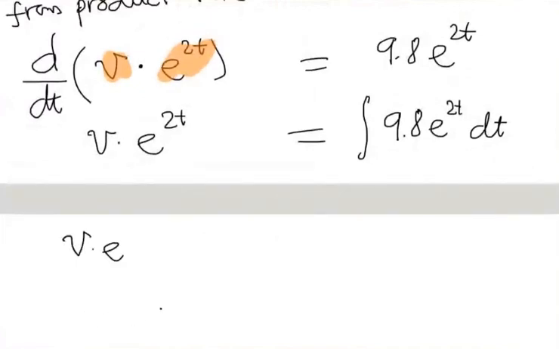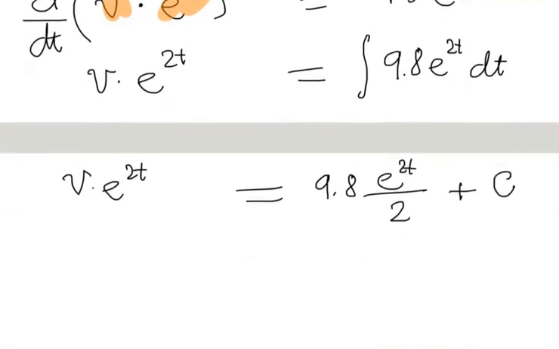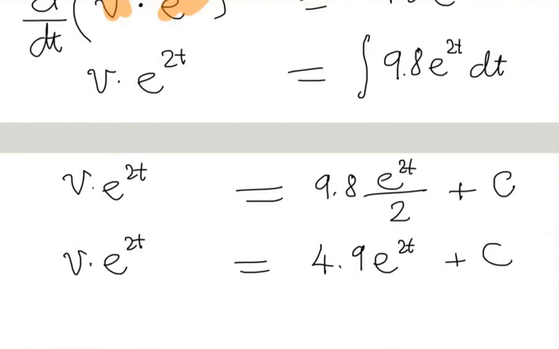So then we compute 9.8 times the antiderivative of e to the 2t, which is e to the 2t over 2. Don't forget to add the constant here. So we can simplify: v e to the 2t equals 4.9 e to the 2t plus c.